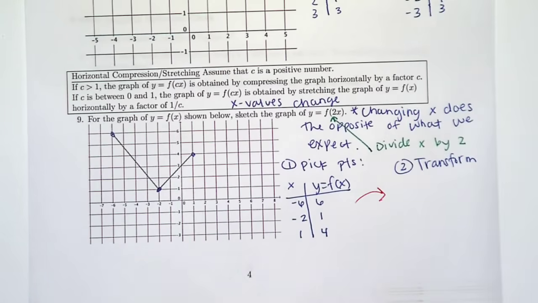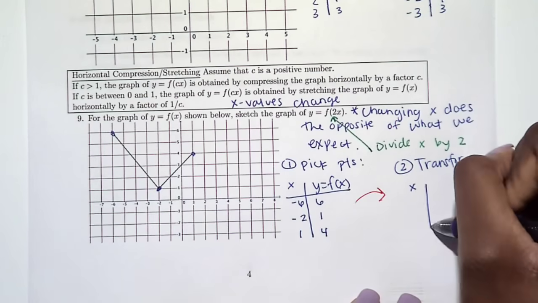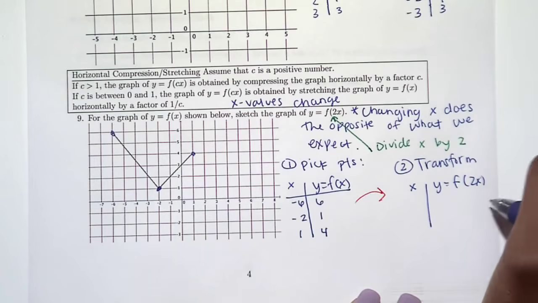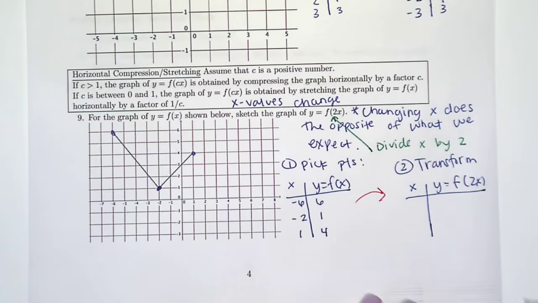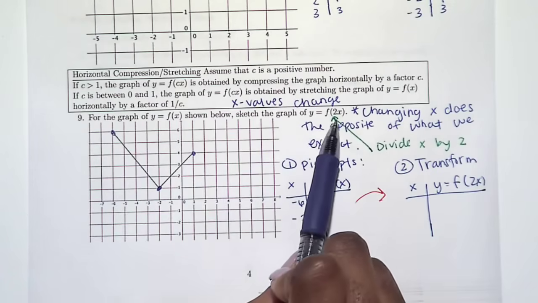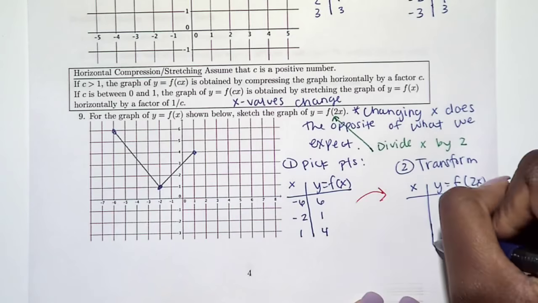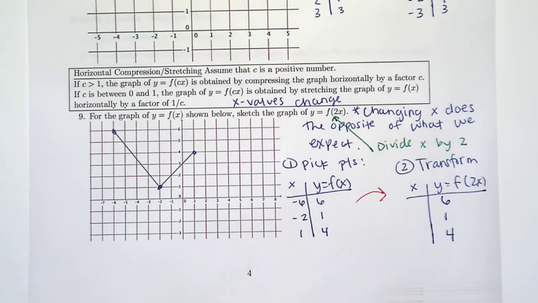All right, so now we just have to transform these points. So again, what's going to change here? We're inside the function, so we're changing x values. That means y is going to stay the same. Just recopy them. And how are we changing our x values?